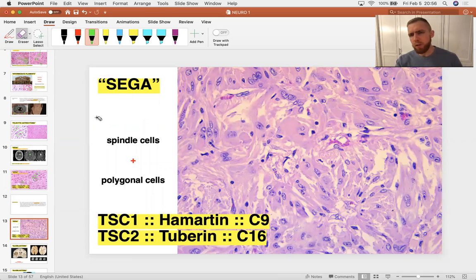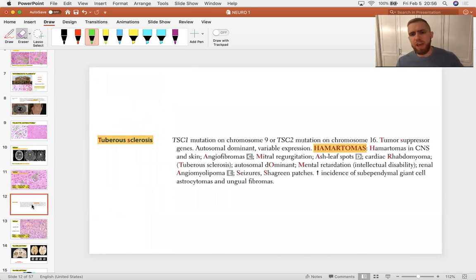Now, what you really want to know about the subependymal giant cell astrocytoma is its association with tuberous sclerosis, which is another autosomal dominant inherited tumor syndrome in which you see hamartomas popping up all over the body.